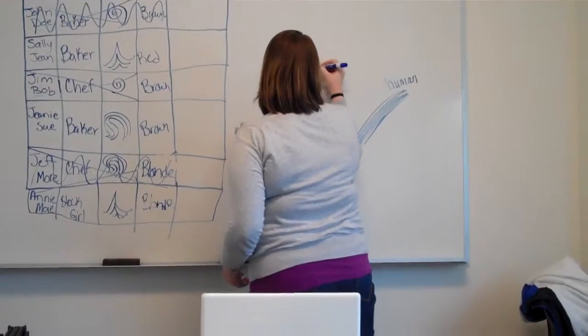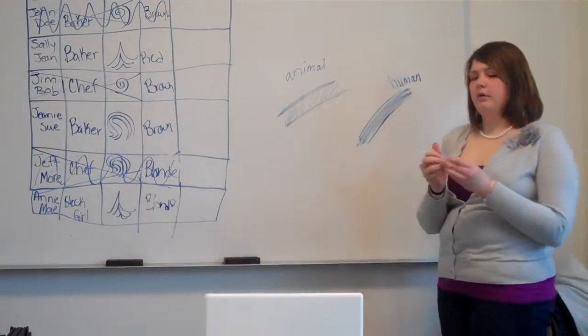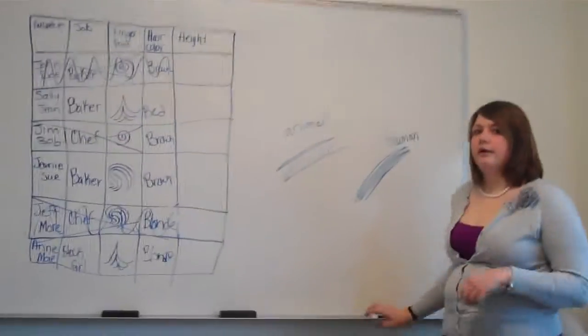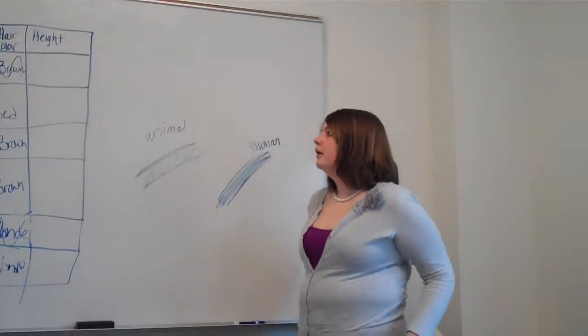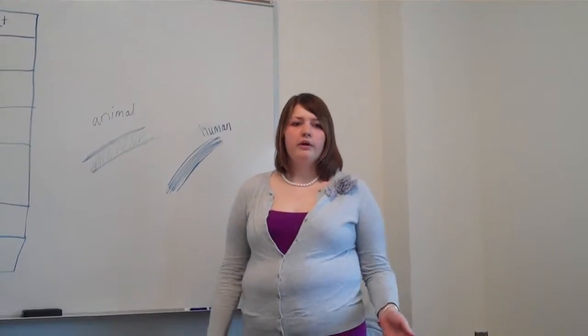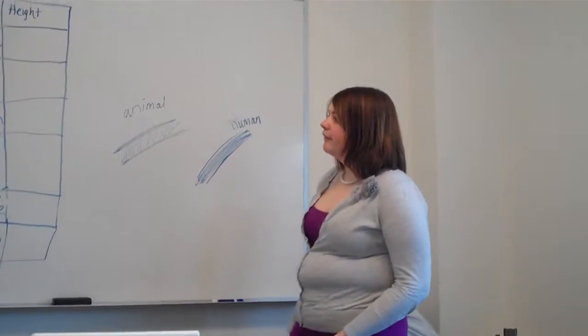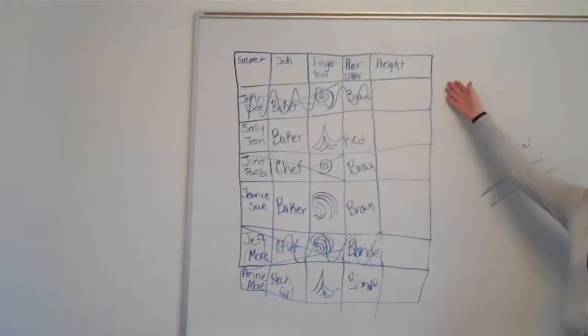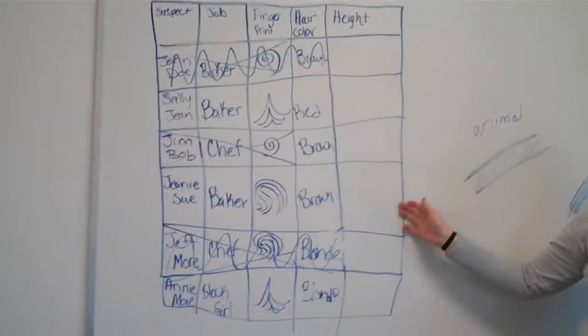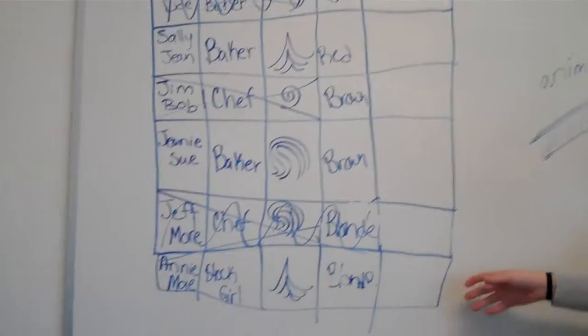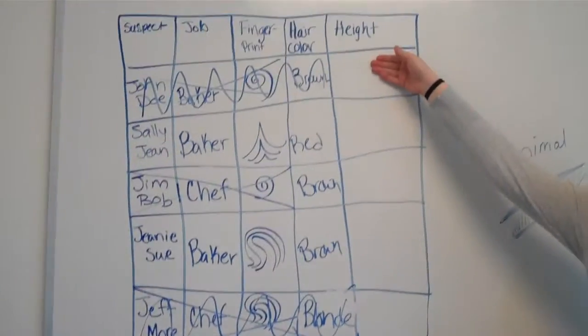Told ya. Jeez. Okay, now that we've learned about our hair samples and what hair samples look like, we're going to look at our own hair samples. So we have our suspect list. If you remember, all this week we've been looking at our crime scene, and we have 3 suspects left.